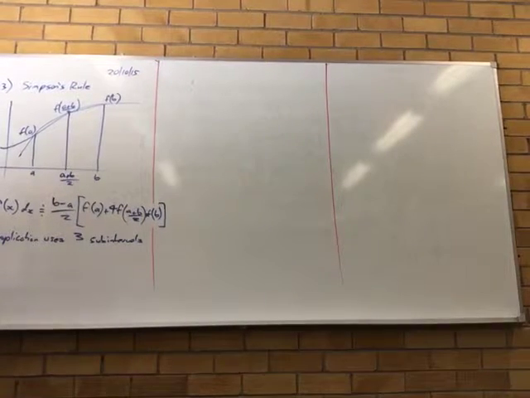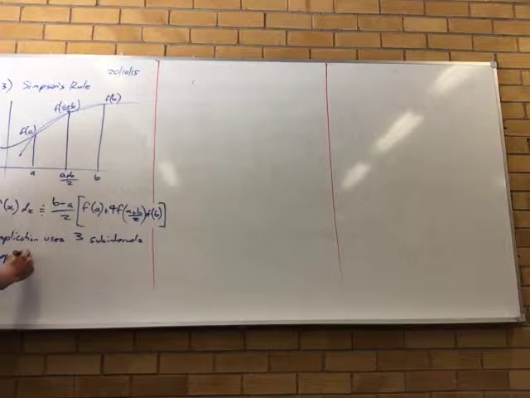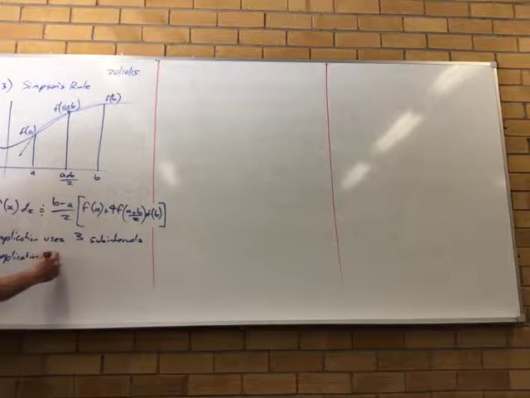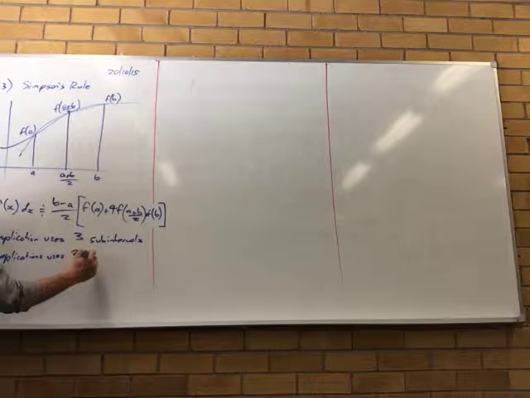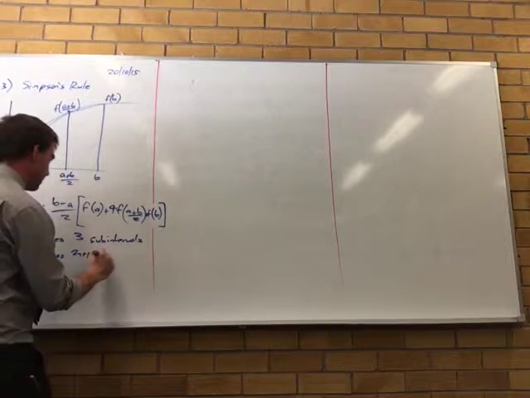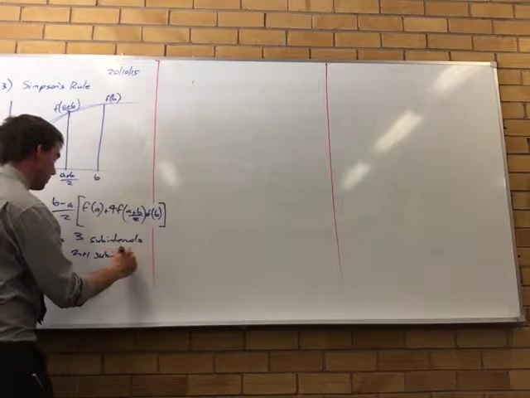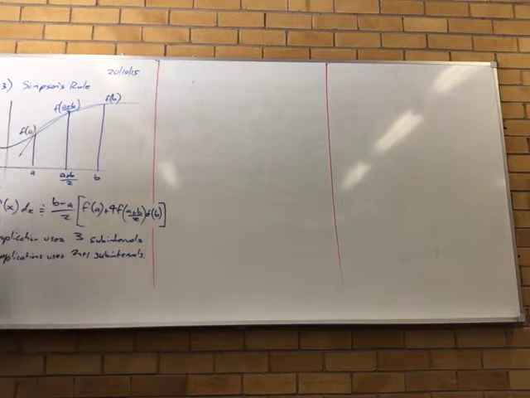And just like trapezoidal, you can have more than one application, so it can ask you to do 2. I wouldn't imagine they'll ask you any more than 3, and if they do ask you 3, that's pretty mean. So n applications use 2n plus 1 functional values.